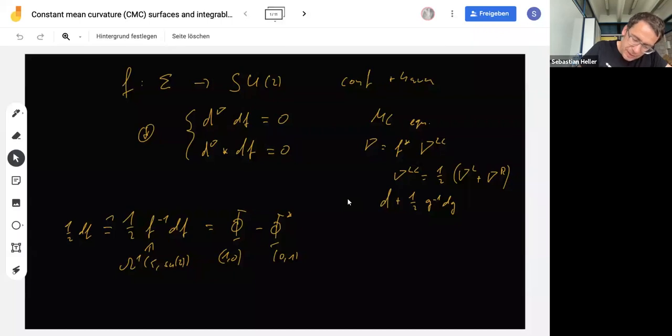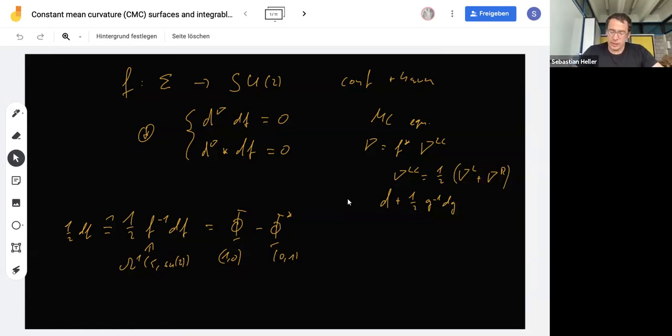These connections, nabla lambda, they are flat. So nabla lambda is flat for all lambda in S1, but actually it turns out for all lambda in C star, somehow the complex numbers without zero.